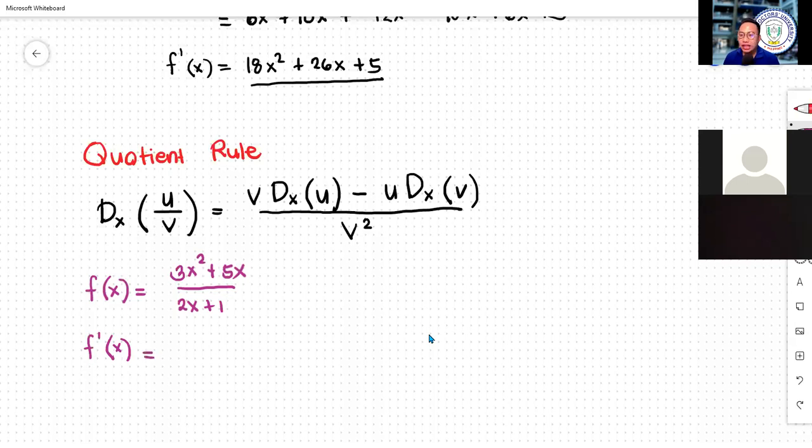How do we go about this? You need to first pattern this given to the formula: u is the numerator, and v is the denominator. So doing that, our v is 2x plus 1.